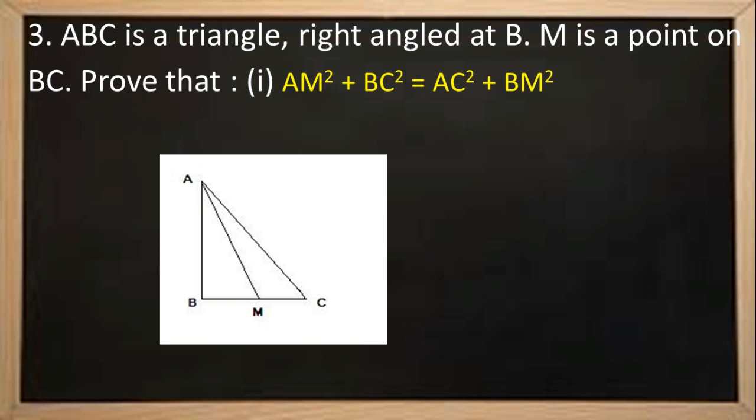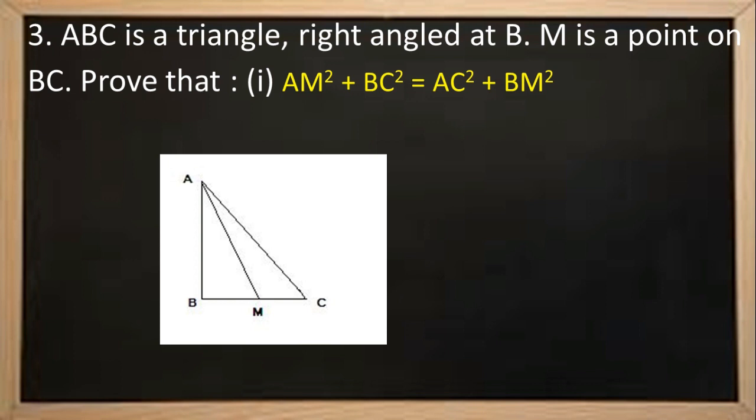And if you join AM, here I can find two right angle triangles. One is triangle ABC, the big triangle. And the second one, the triangle ABM, a part of the big triangle. So for both the triangles, I can apply the Pythagoras theorem. Why? Because angle B is common in both the cases.